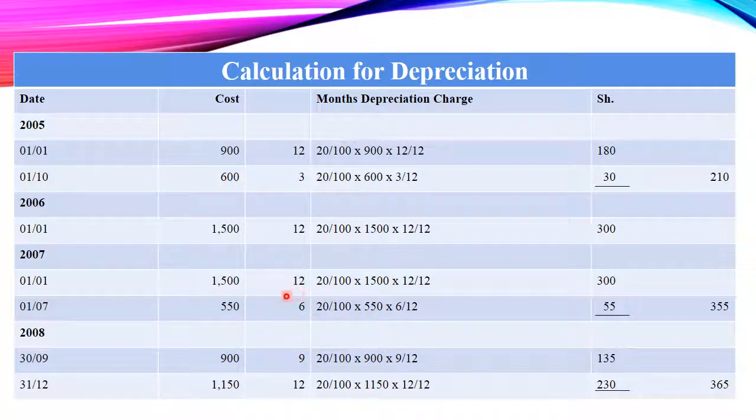Therefore, depreciation will be calculated for 6 months in the year 2007. So 20% of 550, and the asset will be there for 6 out of the 12 months in the year 2007. Then the depreciation will be shillings 55. Adding that to shillings 300, we have a total of 355 as the total depreciation in the year 2007.